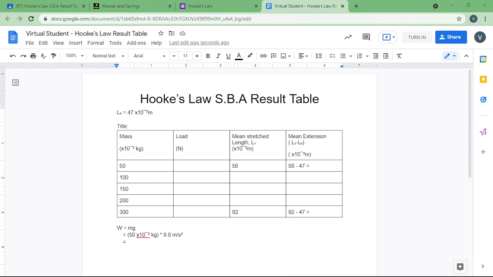What you will notice is that you are asked to plot a graph. Please do remember that each time you do a lab, an experiment, you are expected to have your graph paper to work with.